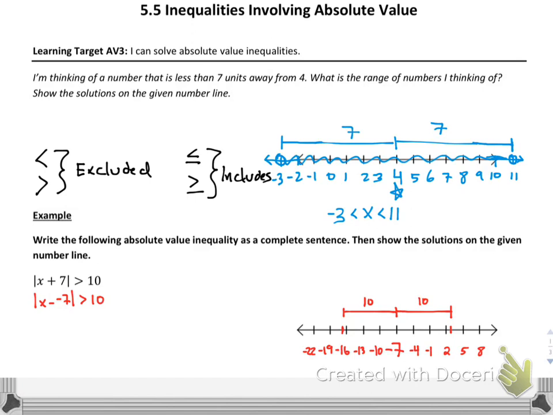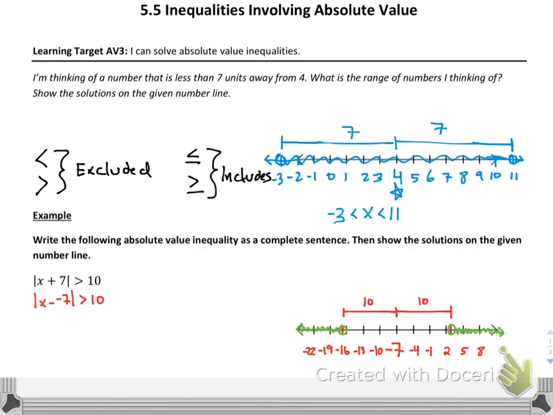Now, if the distance between this number and -7 is more than that, that means all the stuff in between can't be included, and since it has to be strictly greater than, what that means is it is any number on the number line that's bigger than that 3, and any number on this number line that's less than that -17.